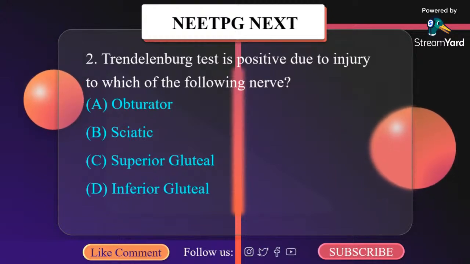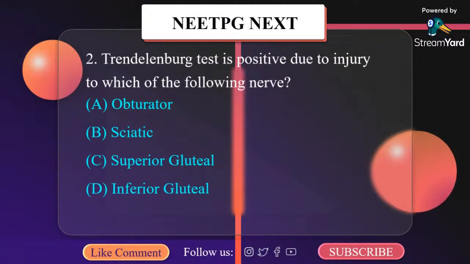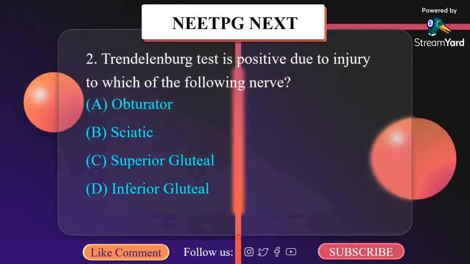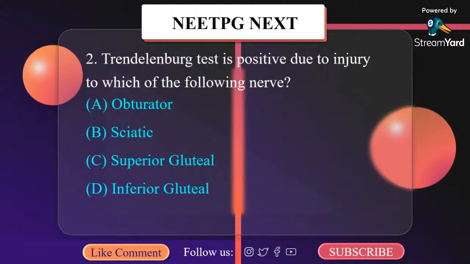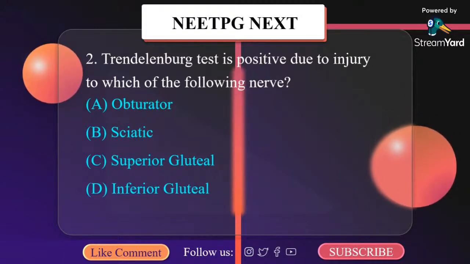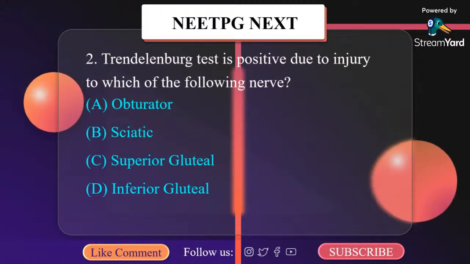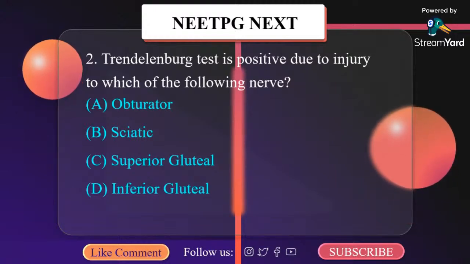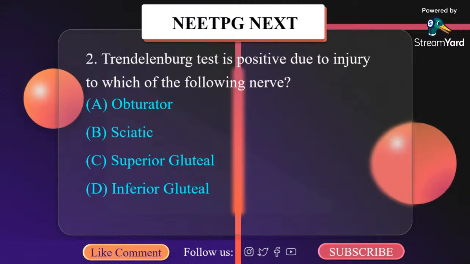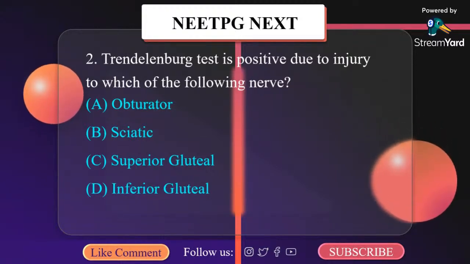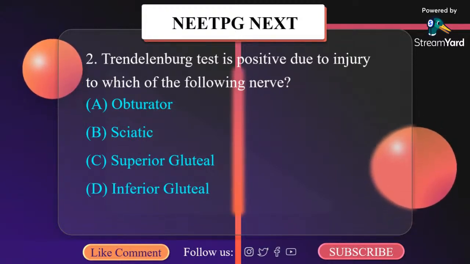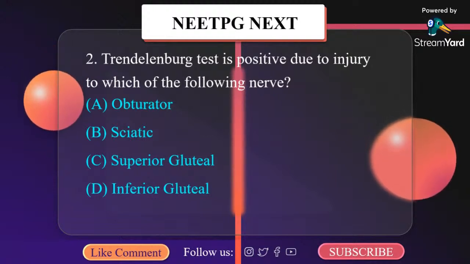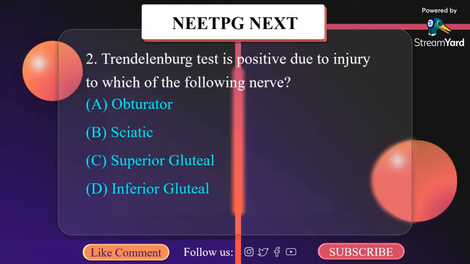Now, a positive Trendelenburg test is relatively non-specific and may indicate pain due to osteoarthritis of hip joint, weak hip abductors, gluteus medius and minimus, short femoral neck or fracture of neck of femur, dislocation or subluxation of hip, neuropathy. Gluteus medius and minimus are supplied by superior gluteal nerve.